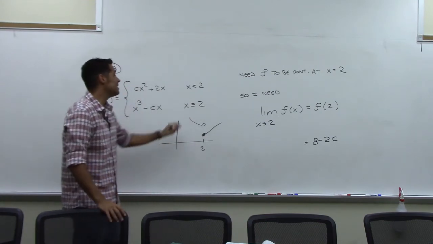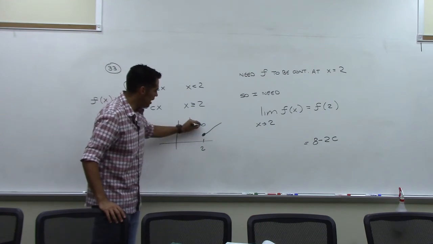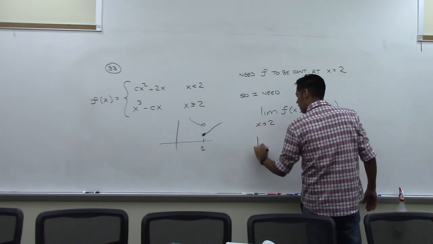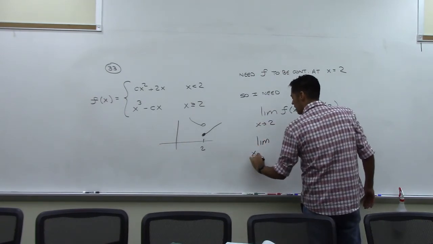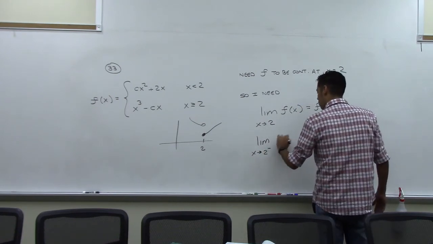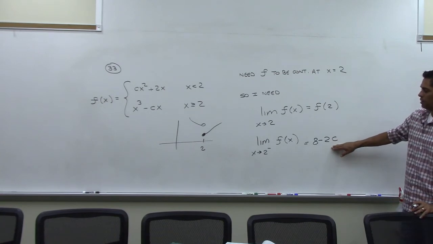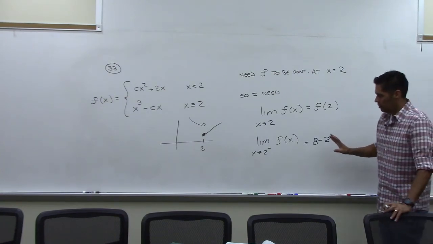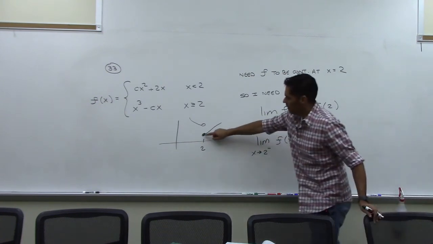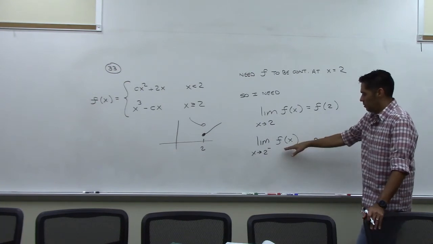What I'm interested in is the left continuity. I want this limit from the left to go down to that dot. So I'm going to change the left side of this just a little bit. I need the limit as x approaches 2 from the left of my function to be equal to this. So that's very important that you understand that this takes care of the dot and the right continuity is implied. We need the left continuity.